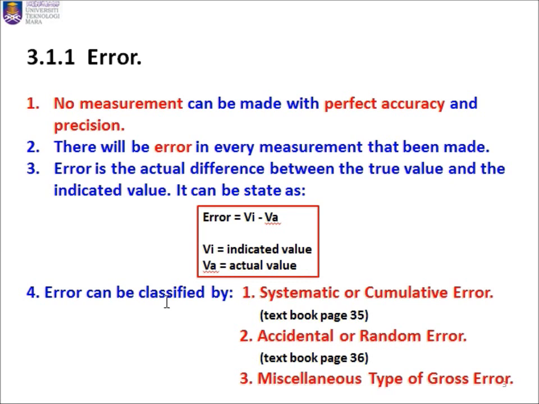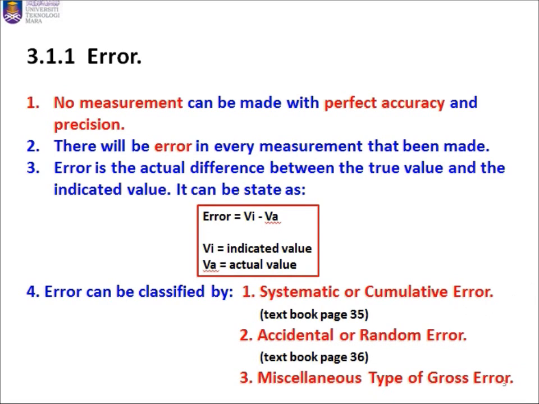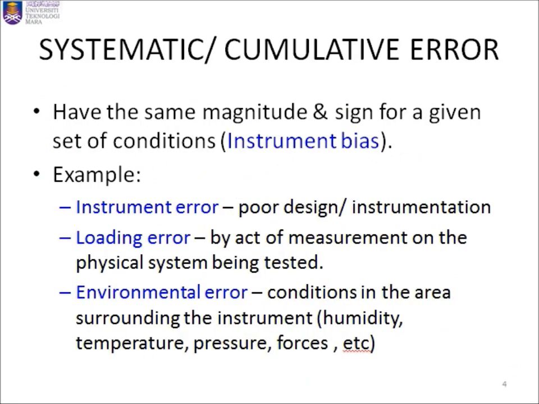Next, error can be classified into 3 types, which are systematic or cumulative error, second accidental or random error, and third is miscellaneous type of gross error. So what is systematic or cumulative error? It has the same magnitude and signs for a given set of conditions, or we call it instrument bias.